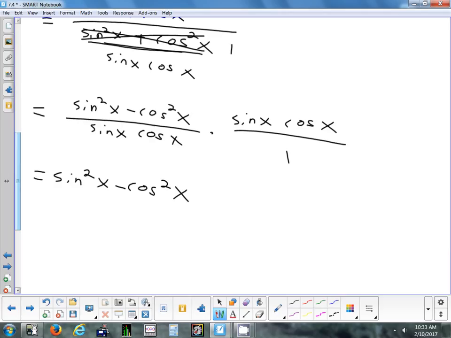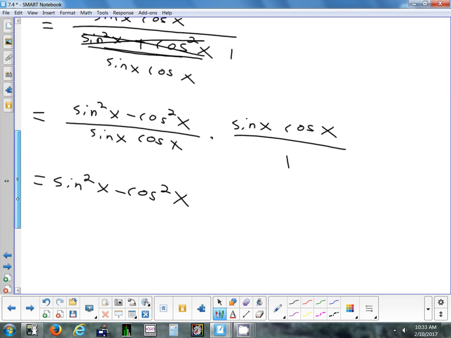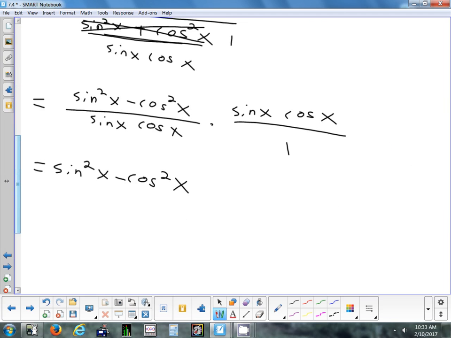I'll give you a hint. I'm trying to get tangent involved, okay? Because the final answer has tangent. So tangent is sine over cosine. So does anyone see how you could? Yeah, we'll finish that one later.